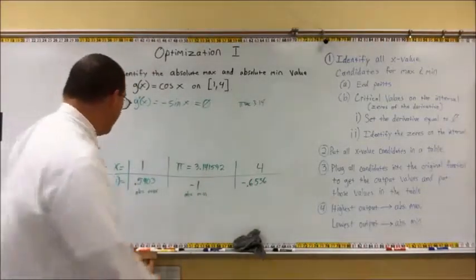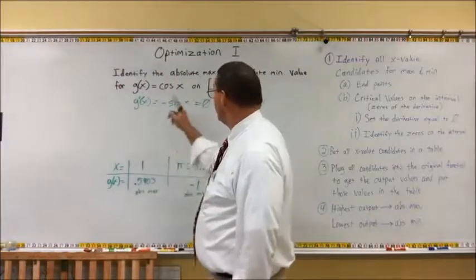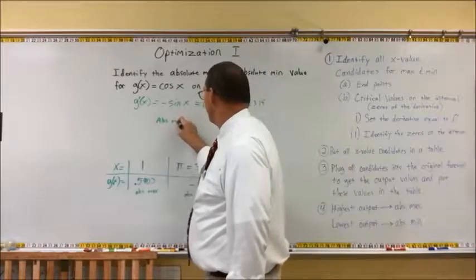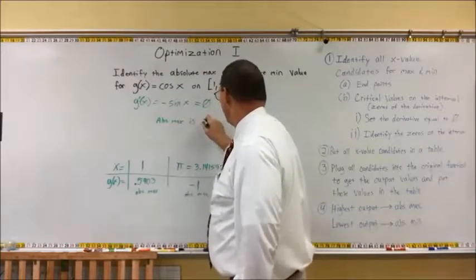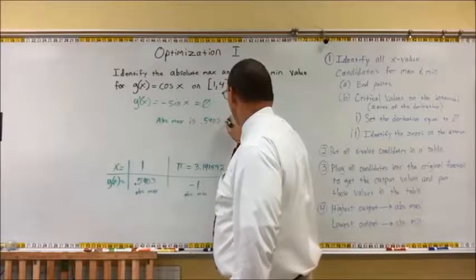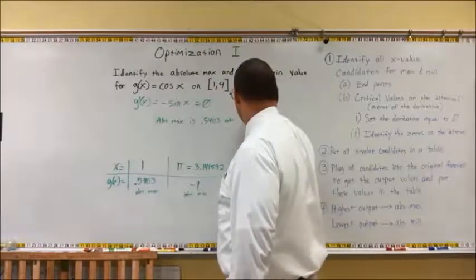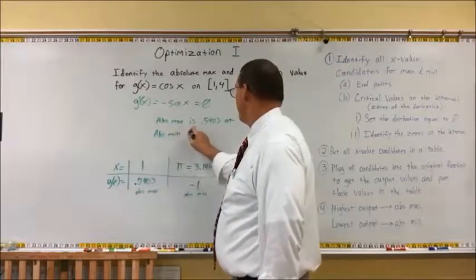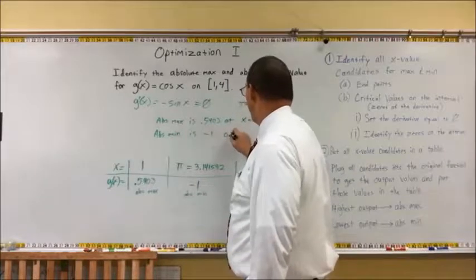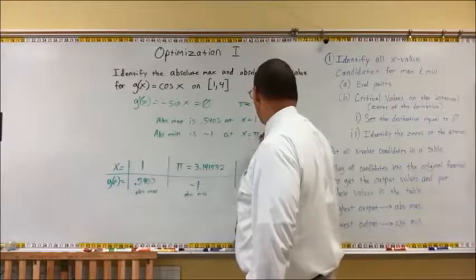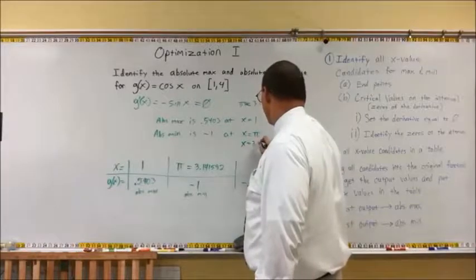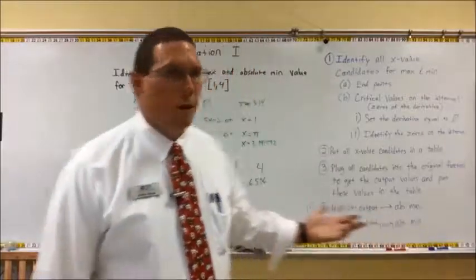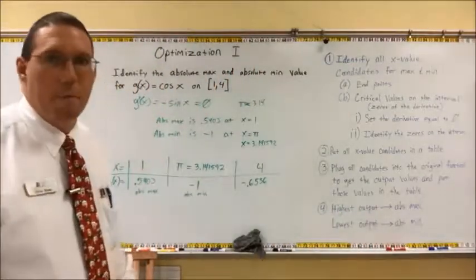And so what we would say is that g of x has an absolute maximum of 0.5403 at x equals 1, and then the absolute minimum is negative 1 at x equals pi, or you can say at x equals 3.141592. Okay? So there's another example of identifying the absolute maximum and minimum.